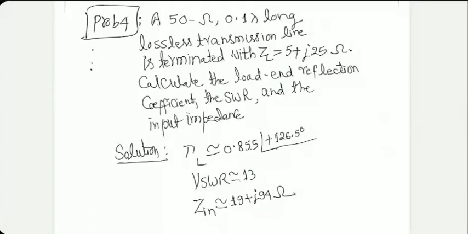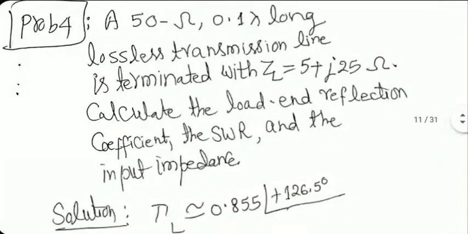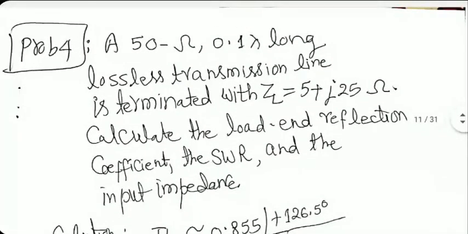And this is the last one, I think, where I have taken a solution from somewhere, which is illustrated much better than what I could do. Here the load is a complex number. It has both real and imaginary parts.